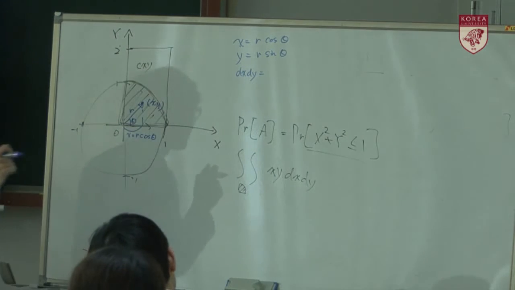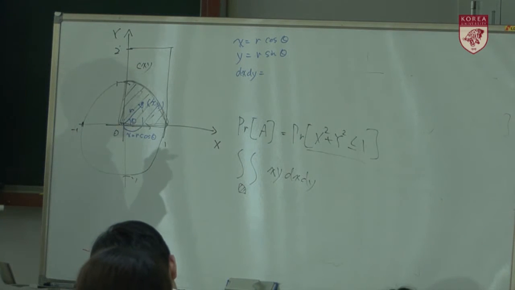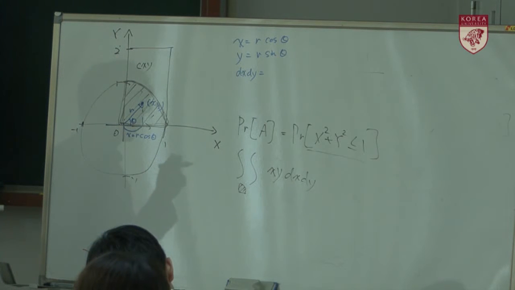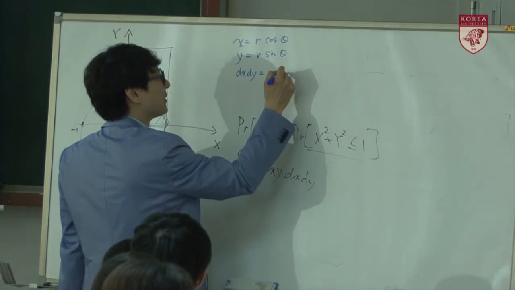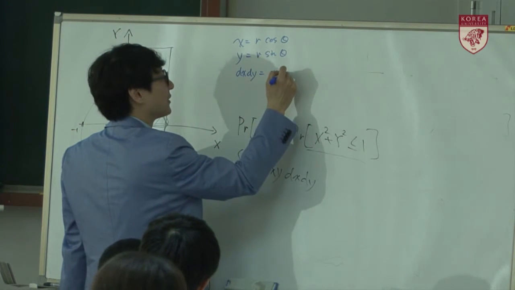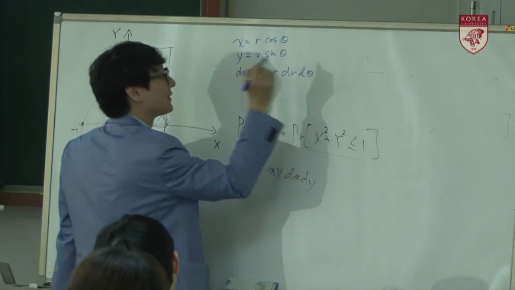What are dx and dy in the polar system? It is r dr d theta.